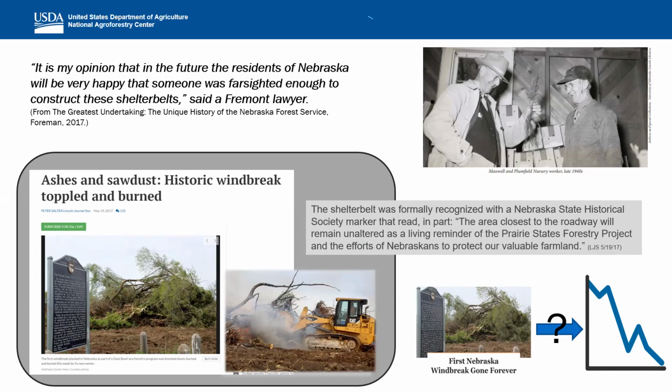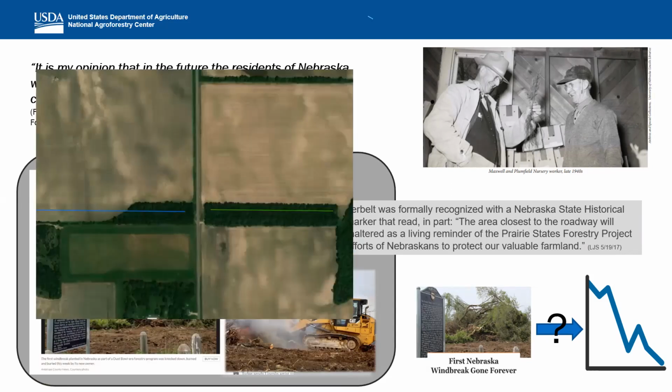And there was text on this marker that read, "The area closest to the roadway will remain unaltered as a living reminder of the Prairie States Forestry Project and the efforts of Nebraskans to protect our valuable farmland." And being the good geography nerd that I am, I had to go and check it out myself with some aerial photography.